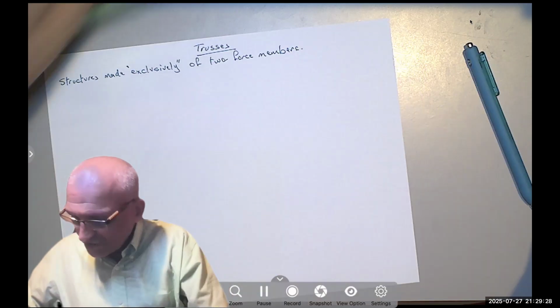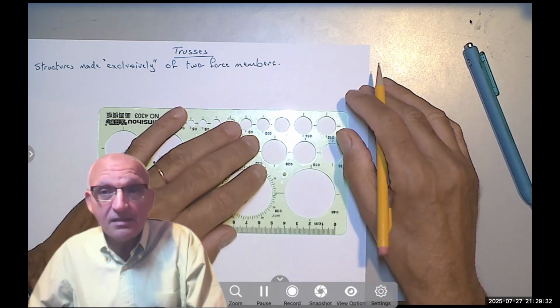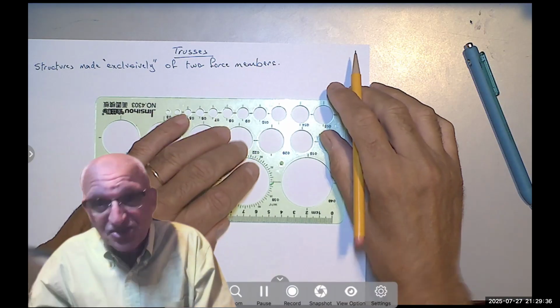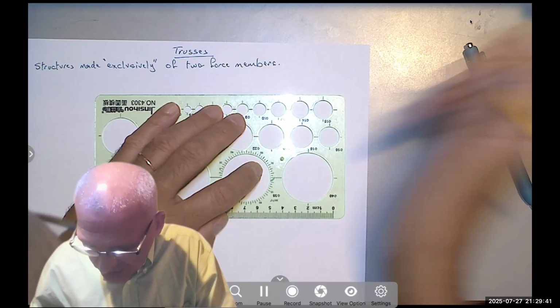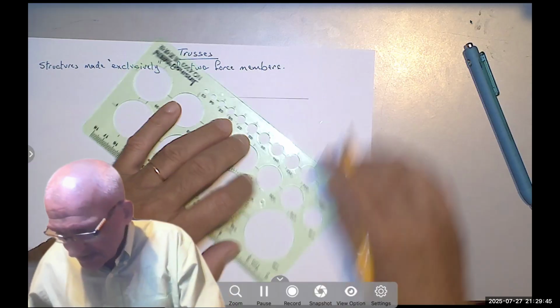So I may have a truss. Usually you have a lot of bridges, roofs of, say, manufacturing plants or big depots that we cover with trusses.